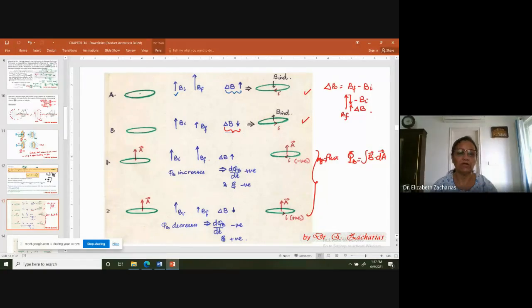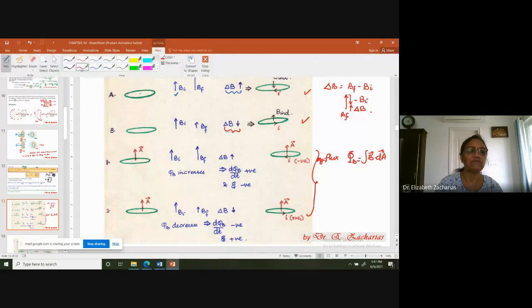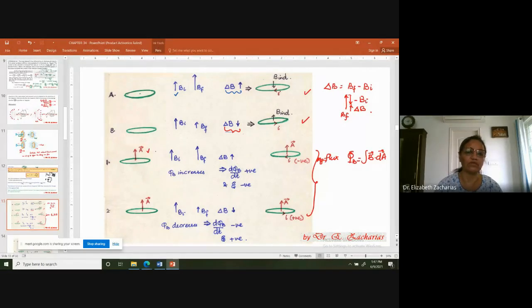Let us first fix our area vector as looking up, like this. And now you're applying a magnetic field. Let it be a uniform magnetic field. The magnetic field is in the upward direction. So you're seeing that B and A are parallel to each other. Therefore, flux is positive.